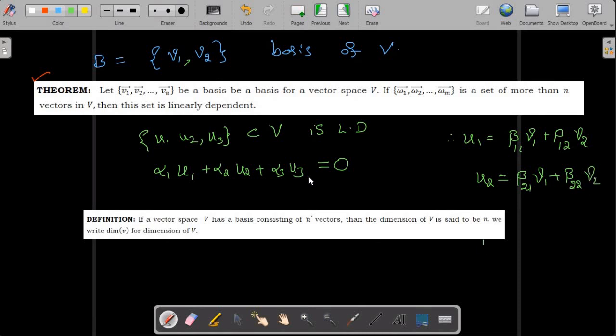And u3 can be expressed as beta 31 v1 plus beta 32 v2. All right. Now substitute these u1, u2, u3 here. Since V is a basis, I could express u1, u2, u3 this way.